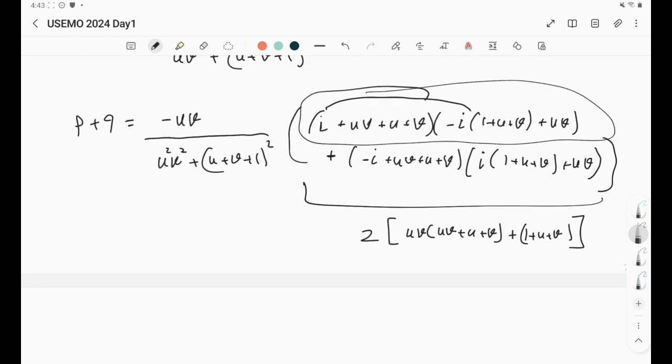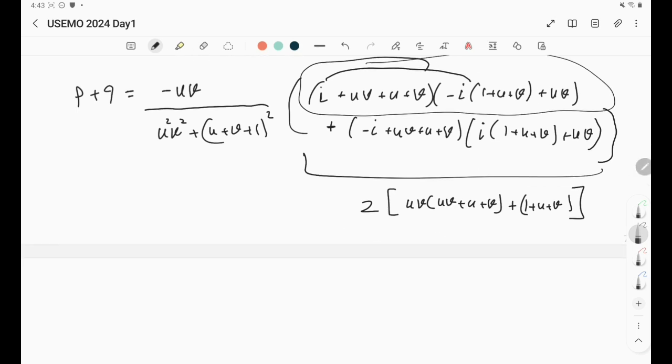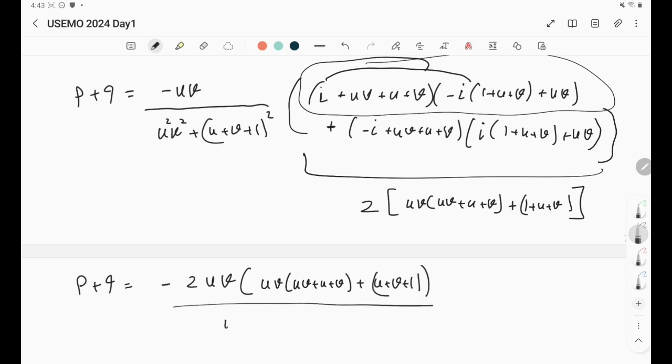So we can right now write what p plus q is. We'll replace that with this thing here. So that just means that p plus q is equal to minus 2 uv times uv plus u plus v plus u plus v plus 1, divided by uv squared plus u plus v plus 1 squared.